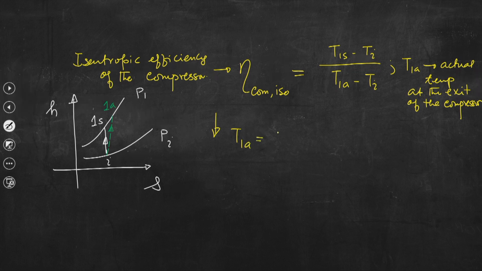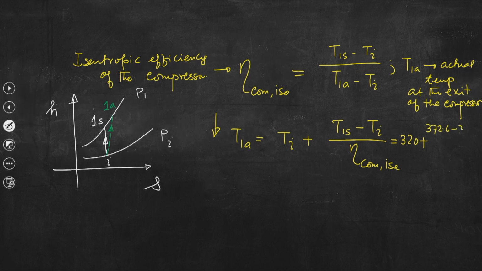that is nothing but Ti plus T1s minus Ti divided by eta compressor isentropic. And if we plug in the values, we will be getting 320 plus 372 minus 320 divided by 0.75, and it is coming as 390.15 Kelvin.